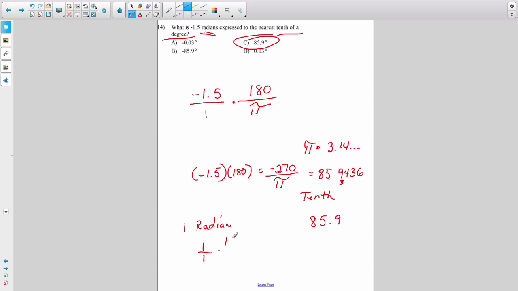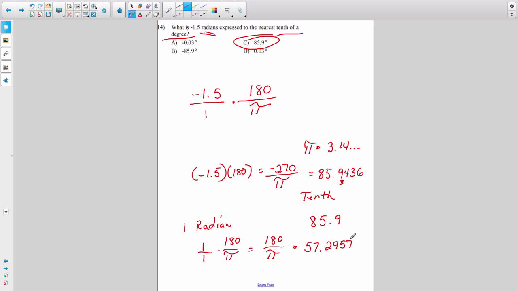Okay, so 1 radian times 180 over pi. Okay, the pi's don't cancel, and that's okay. We just multiply, and you get 180 divided by pi. So in my calculator, I'm typing 180, I'm dividing by pi, and wouldn't you know it, I get 57.2957 degrees.